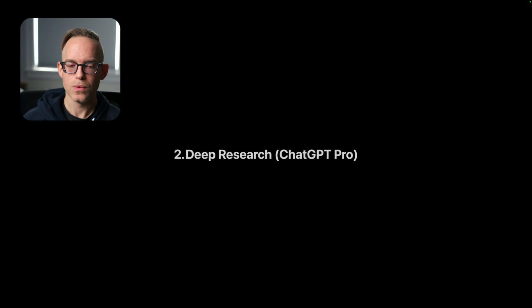Okay, so number 2 is deep research. And this is a power skill that if you have not leveraged yet, you are missing out big time. I use deep research all the time, and it is so helpful because you get a PDF artifact from ChatGPT Pro that you can then feed into other agents or models, and you can leverage insights that you've accumulated.